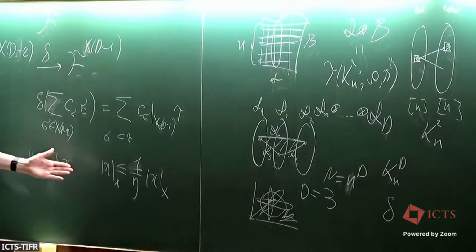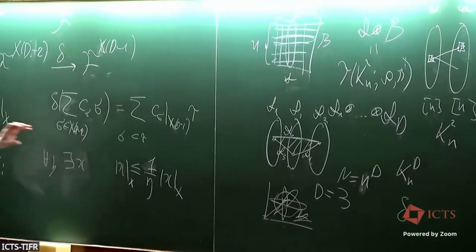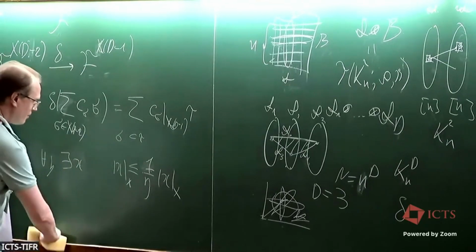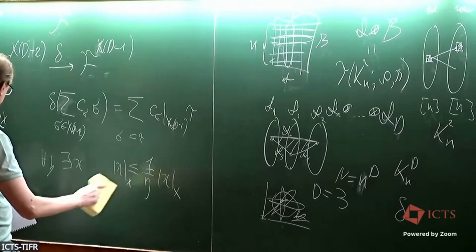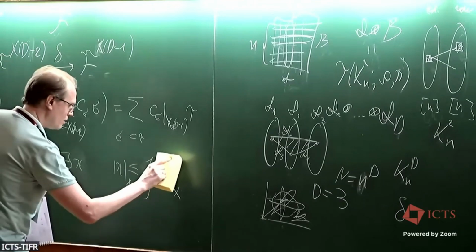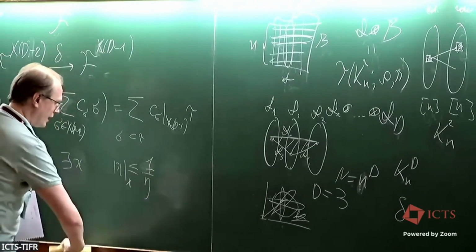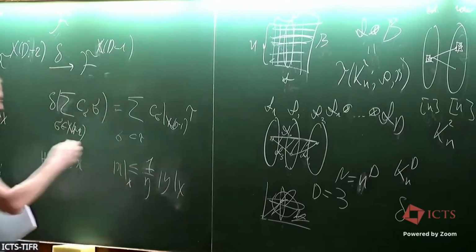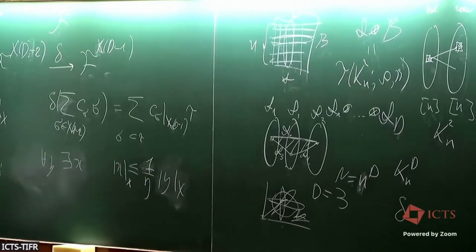So what this definition says is that for every y, we can find its pre-image, which is not large.